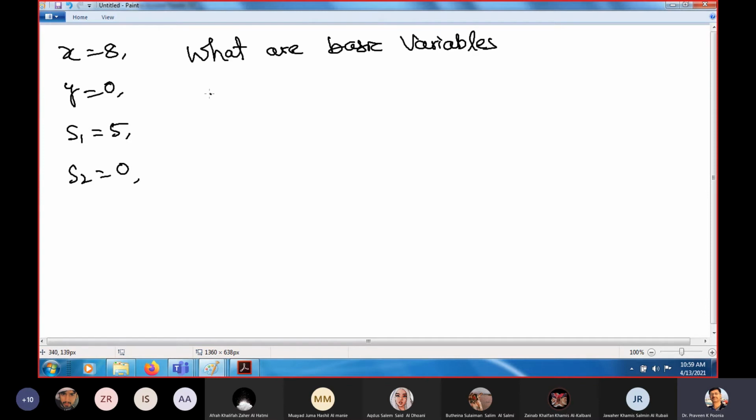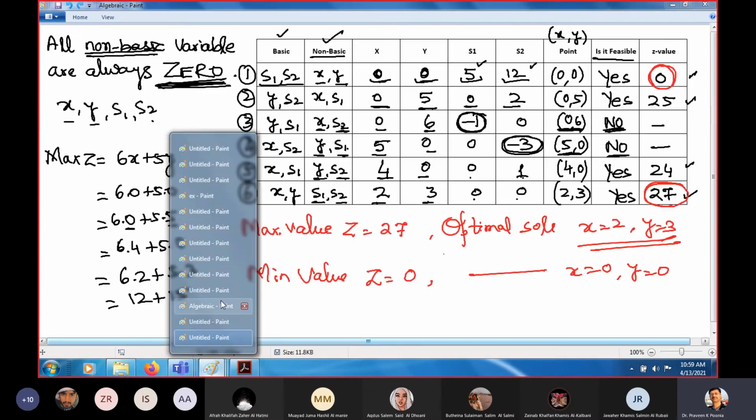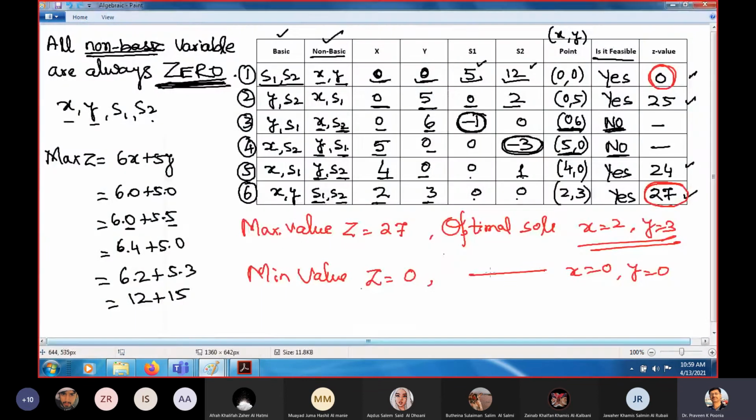And what are the non-basic variables? Can anyone answer this question? I told you, you just read this line. What line you need to read? This line.